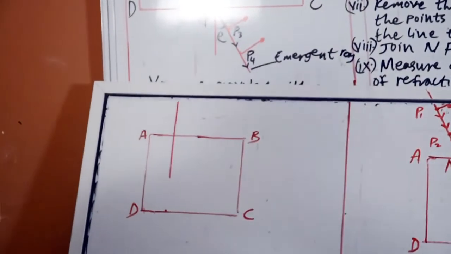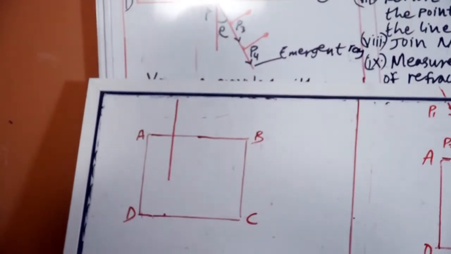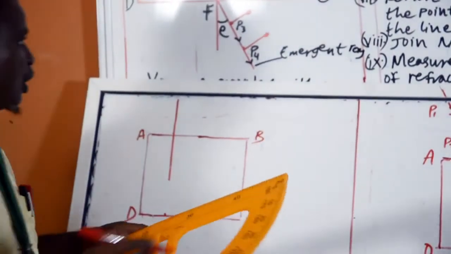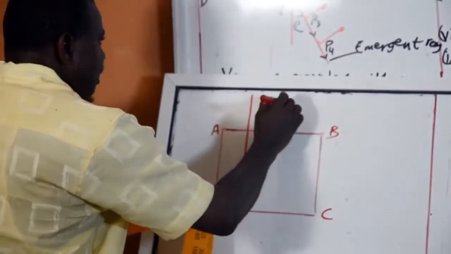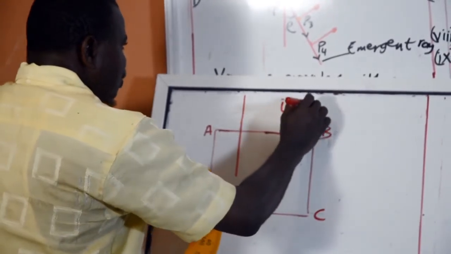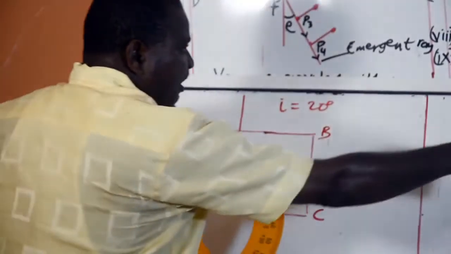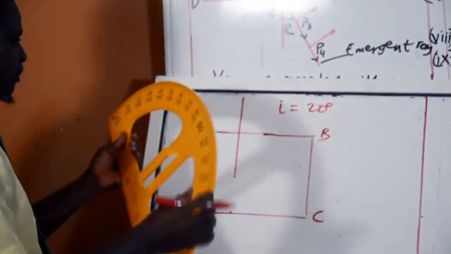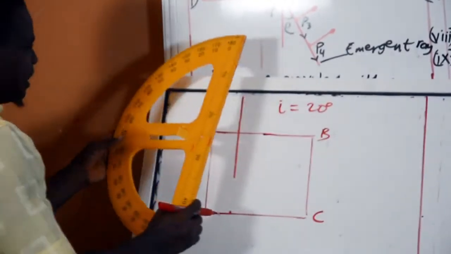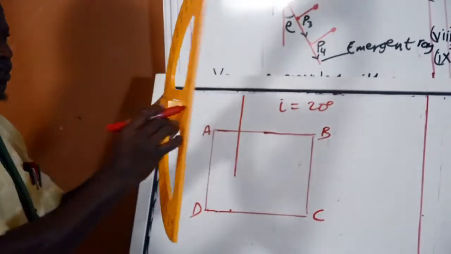Then, after that, you use the set square and protractor to measure the angle of incident, which is equal to 20 degrees. This is 25, that is 30, this is 20 degrees. You start from here.